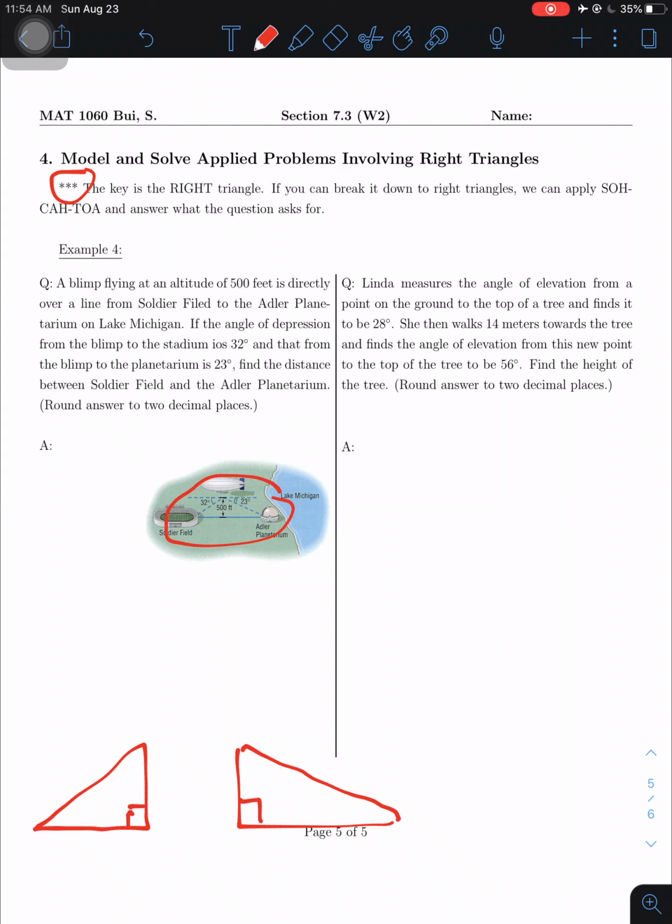Now let me do the label system for this. We know that this is 500, and we split them, but they're the same size, so this is also 500 for the other triangle. Now let me label the sign here. This is the Soldier Field, and this is the Adler Planetarium.